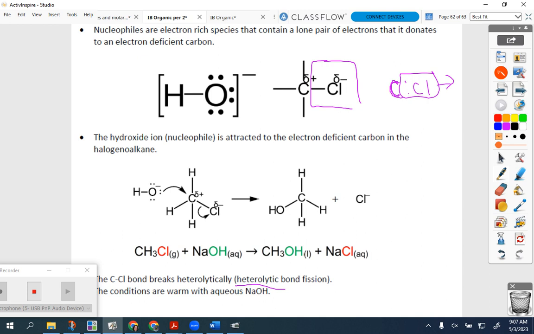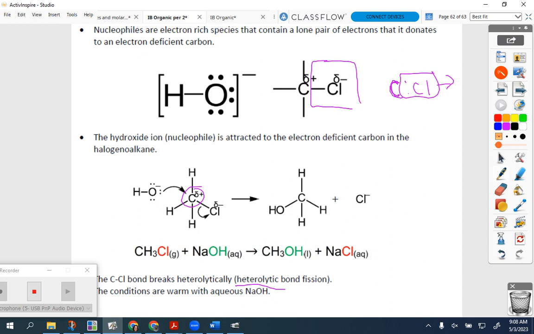So the hydroxide ion is the nucleophile, and it's coming in and looking for this partially positive carbon, and it's saying, I want a piece of that, and it's going to kick out the chlorine with its associated bonding electrons. So typically when you look at these summary reactions, you would have something like sodium hydroxide coming in and replacing the hydroxide ion.